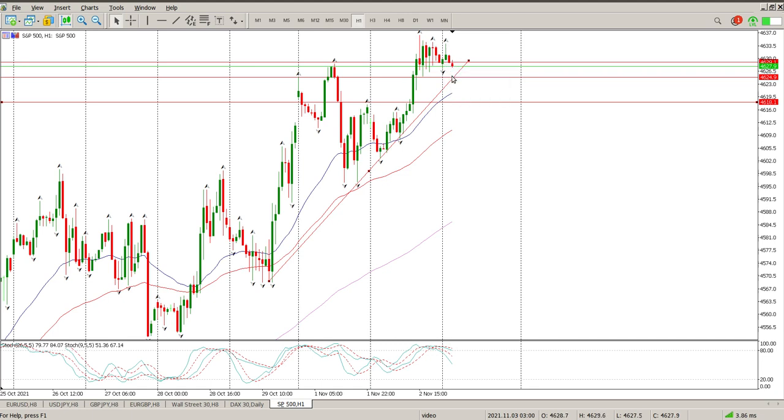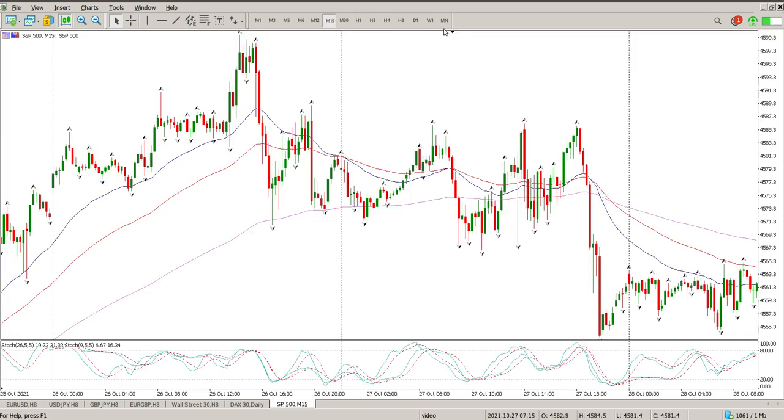I suspect after hours we're probably going to come back onto this trend line somewhere at 46.25, 46.24, somewhere around that area, and then form some form of consolidation. Typically with the FOMC meeting, you have some form of a triangle, and there was one starting last night.